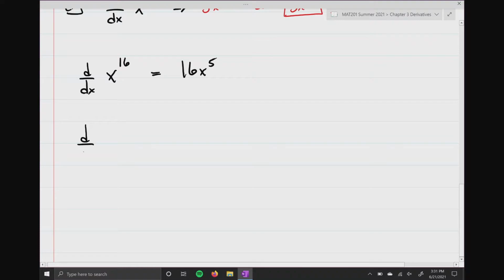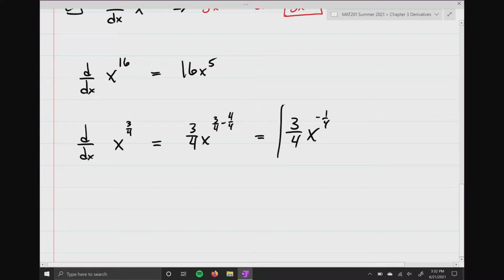The derivative of, let's say, x to the 3/4 power is going to equal, well, you remember, you're going to put the power out in front and then subtract 1 from the power. In this case, I'm going to be very clever on how I write the number 1. Instead of writing 1, I'm going to write 4 over 4. So that's going to give me 3/4 x to the negative 1/4 power.